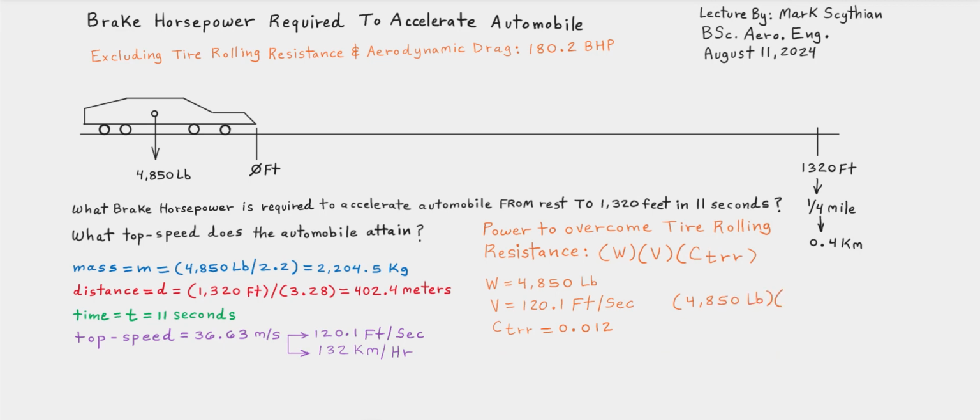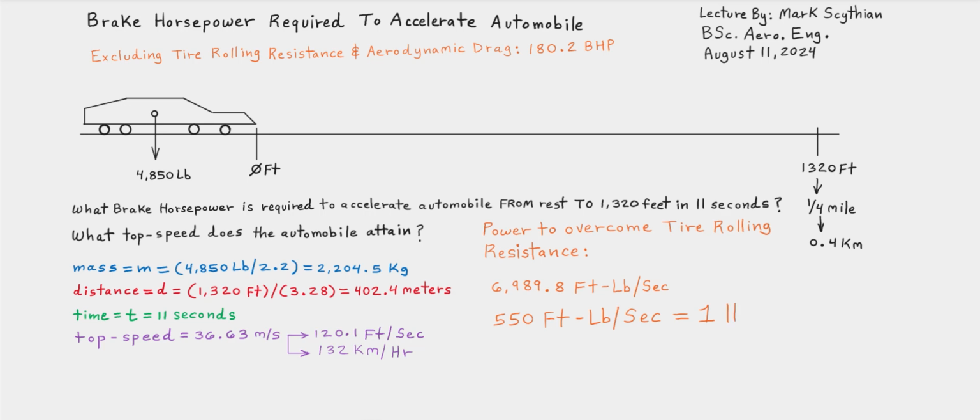So by simply multiplying the vehicle weight in pounds times the final velocity in feet per second times the coefficient of tire rolling resistance, we calculate 6,989.8 foot-pounds per second of mechanical power are required to overcome the tire rolling resistance, but only at the final velocity of 120.1 feet per second.